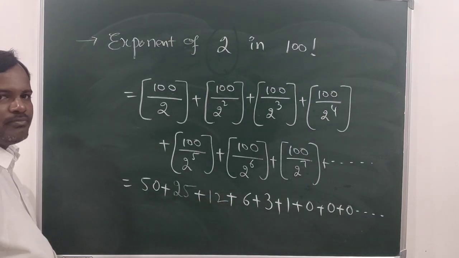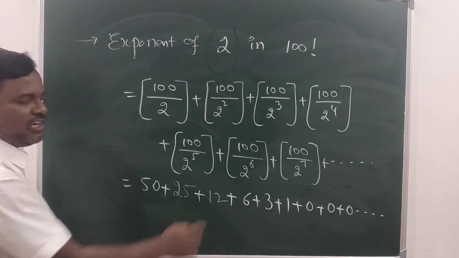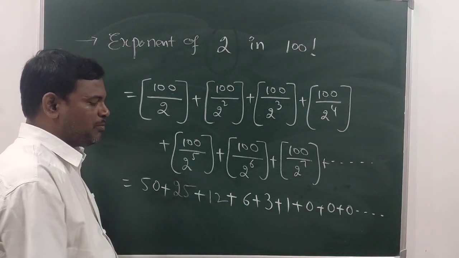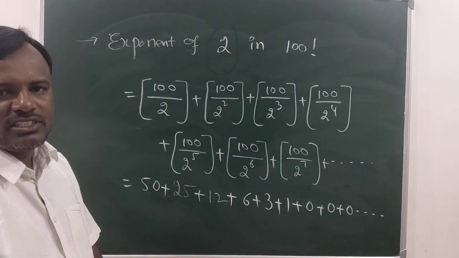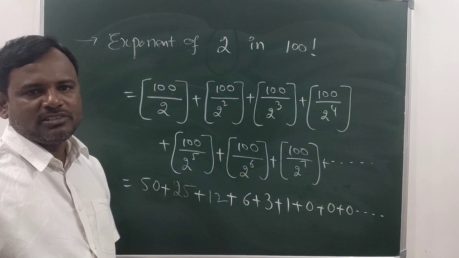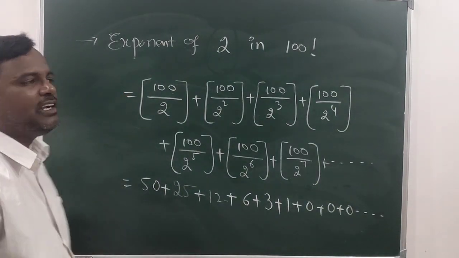Now add all of them. 50 plus 25 is 75. 75 plus 12 is 87. 87 plus 6 is 93. 93 plus 3 is 96. 96 plus 1 is 97.